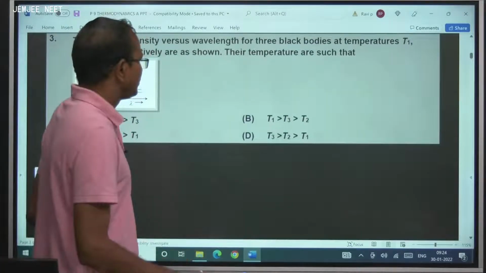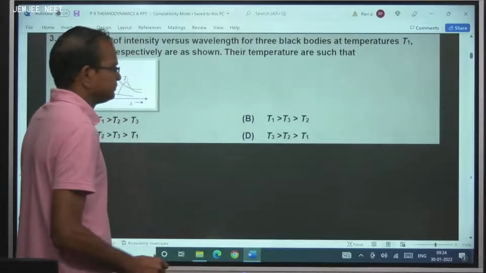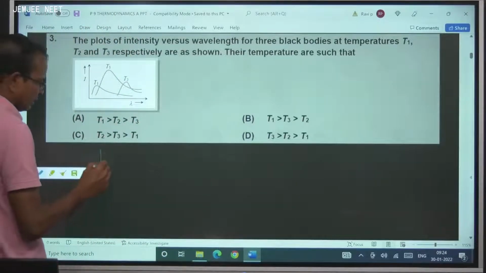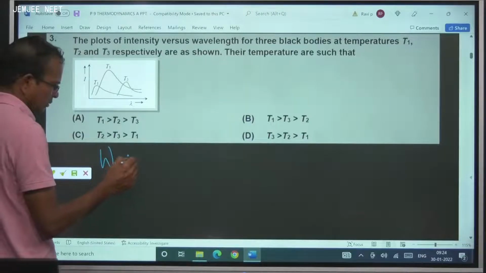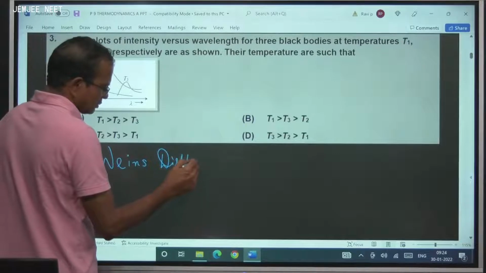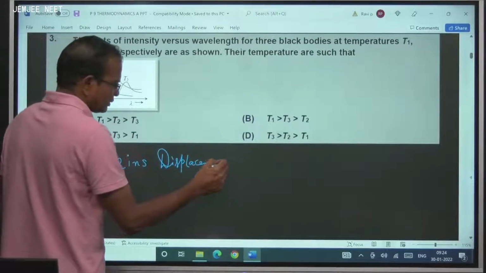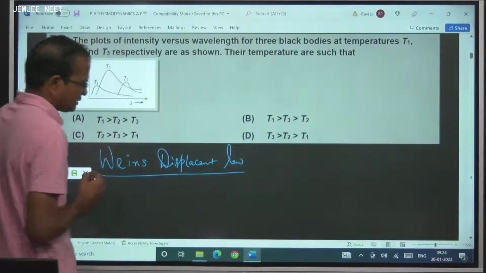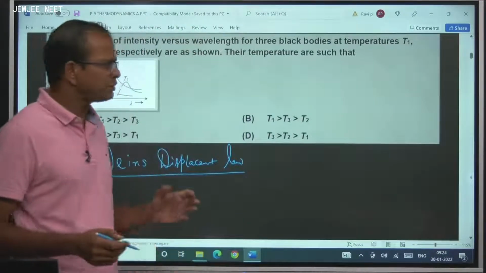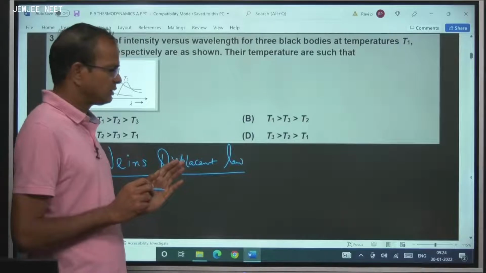This is called Wien's displacement law. Of course, it is mentioned somewhere in our textbook, no doubt. It's very simple, but I have to give you some introduction for this.